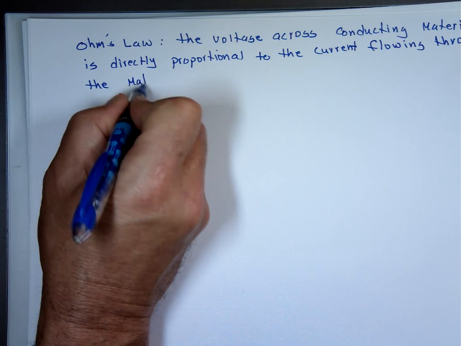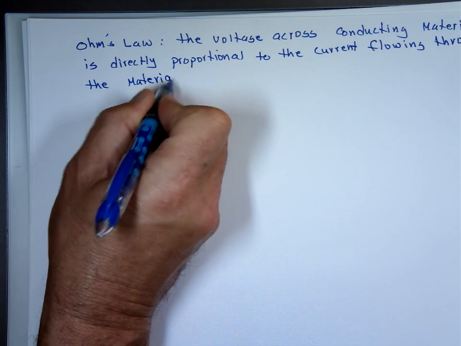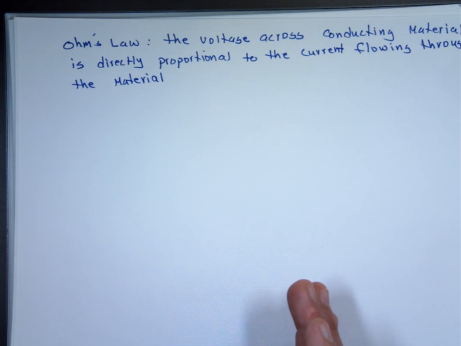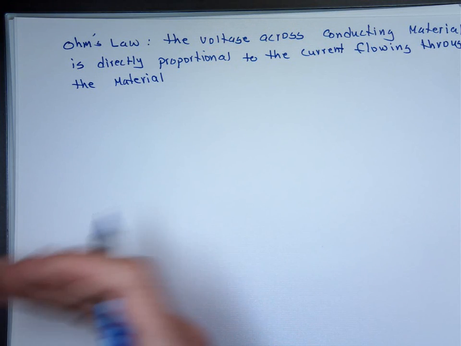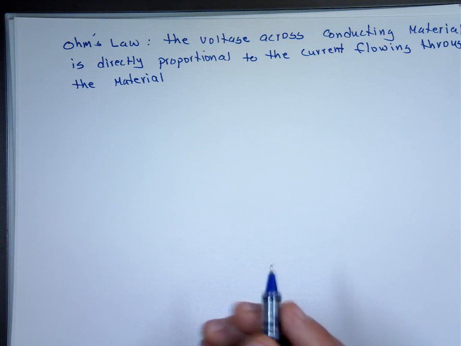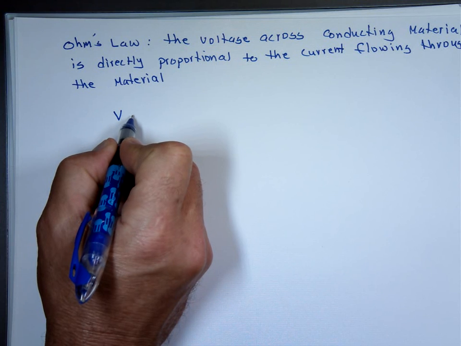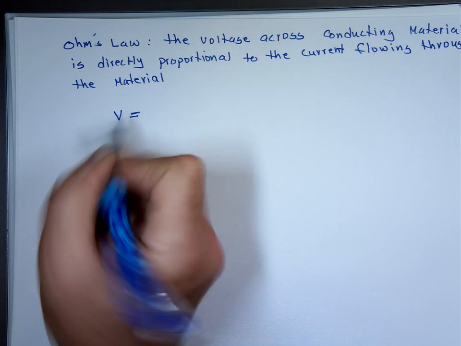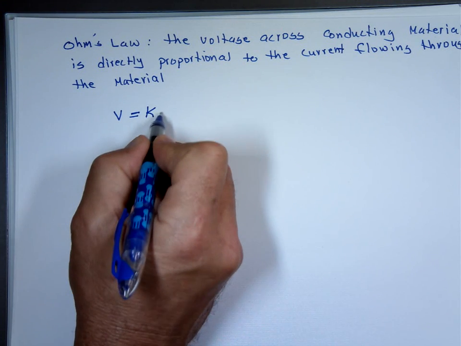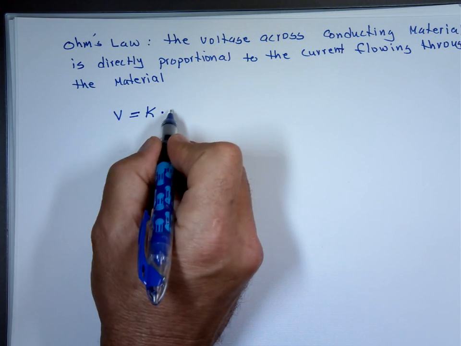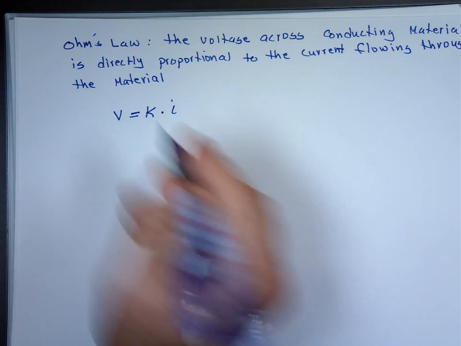If you remember from math, when something is directly proportional, what does that mean? As one goes up, the other goes up, and vice versa. Correct. When one increases, the other one increases. So here it says the voltage across, the voltage is directly proportional. In math you say K times the other value, which is the current, I. Well, we found out that K here happens to be the resistor.